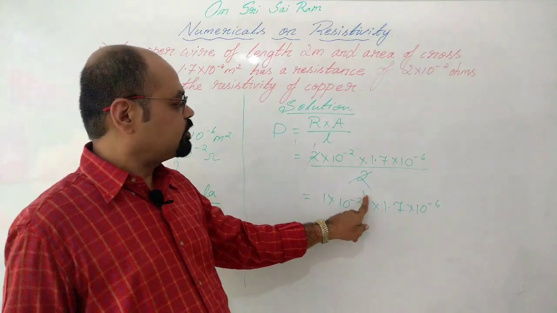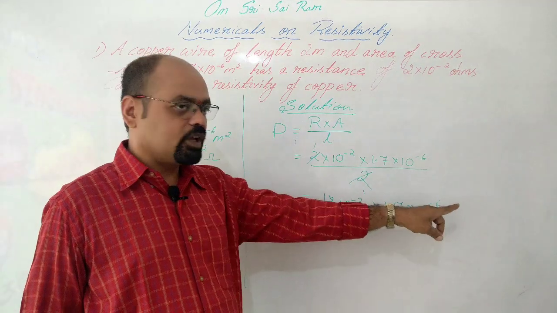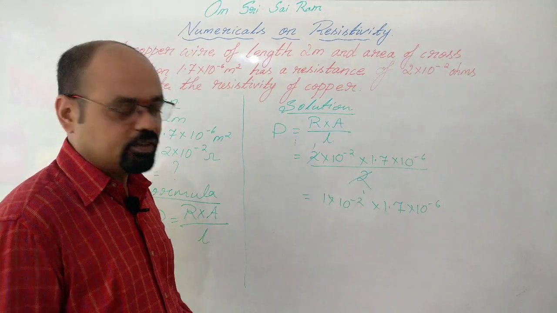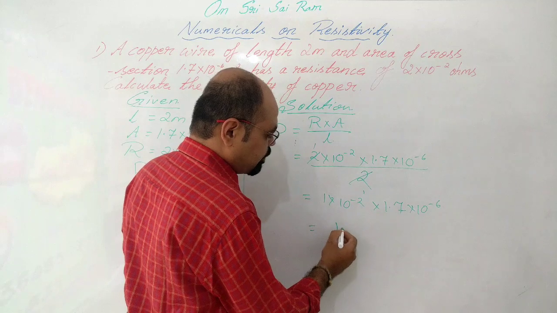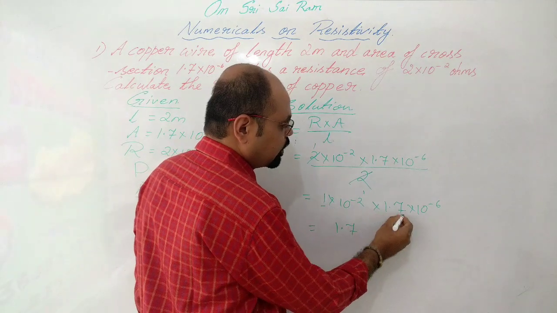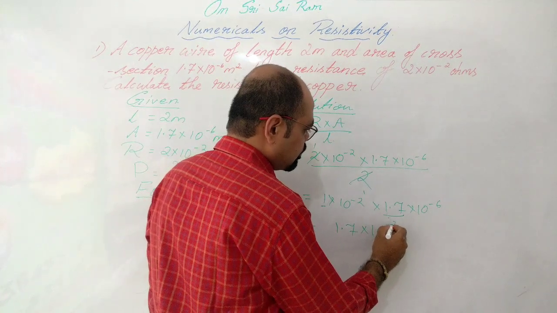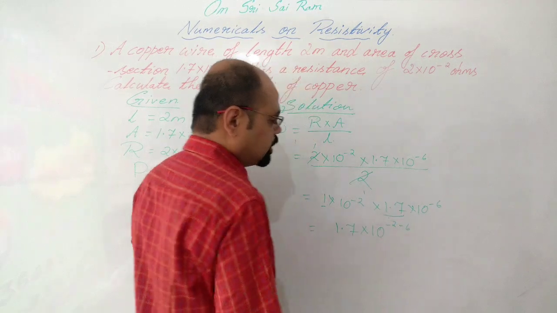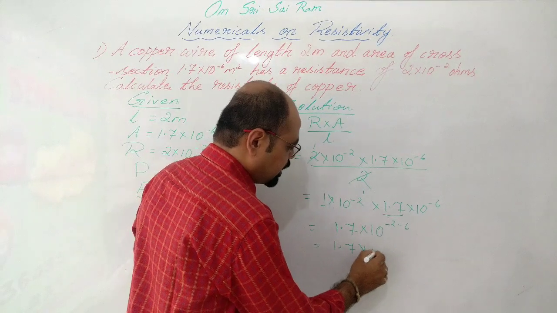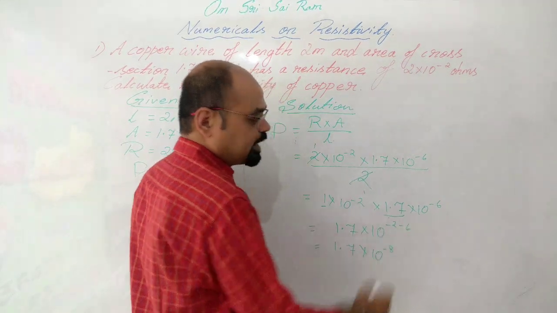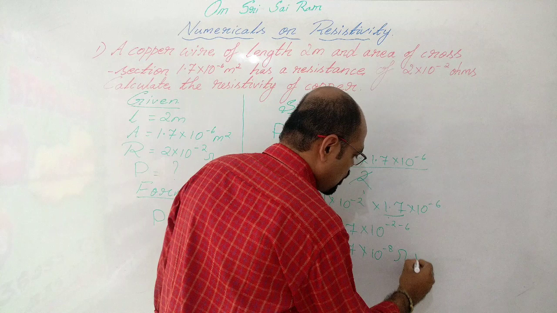According to the law of exponents, a^m × a^n = a^(m+n), so the powers get added. 1 × 1.7 is 1.7, and the power of 10 is -2 plus -6, which is -8. So you get 1.7 × 10^-8, and the SI unit of resistivity is ohm meter.